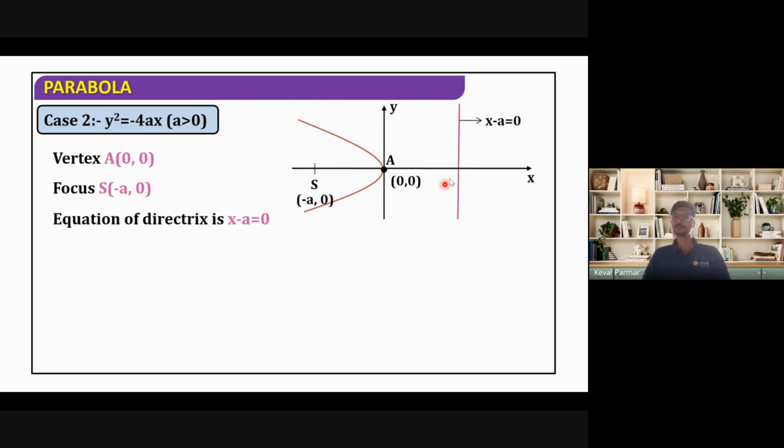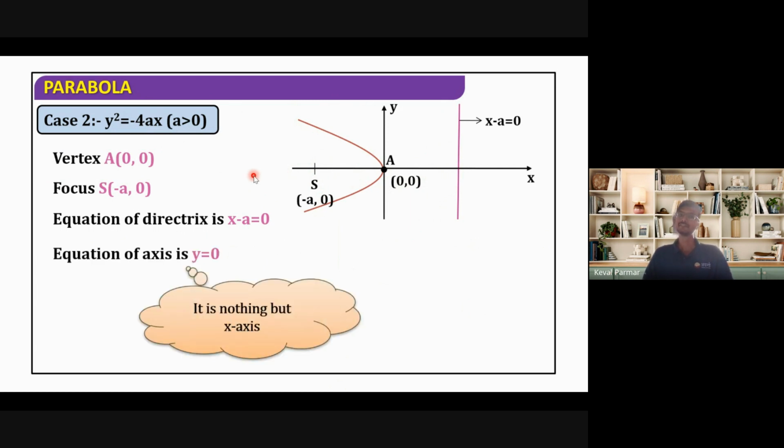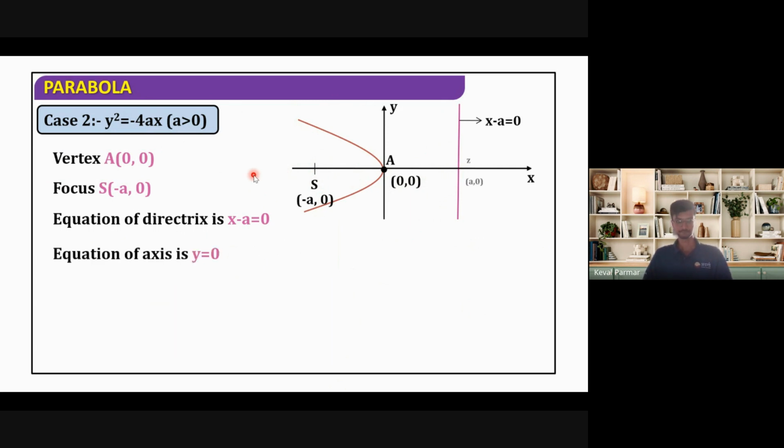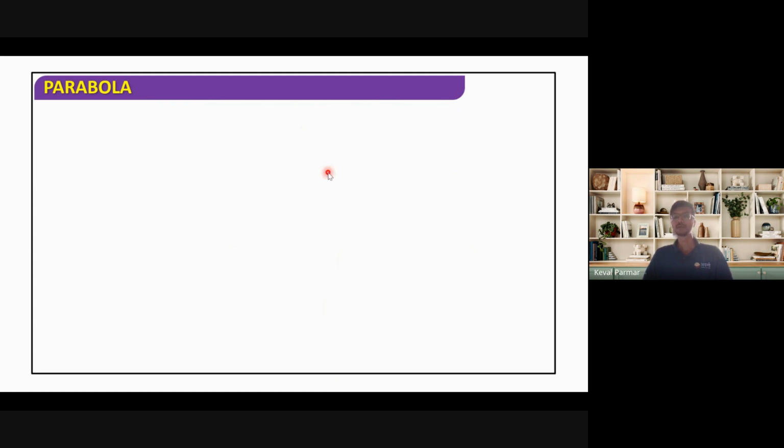So the equation of directrix will be x minus a equals to 0. Everything will be mirrored, so the focus which was earlier here is now its mirror image. The equation of axis is the y-axis... same as before. The tangent at vertex is the same, just the focus and directrix changed.